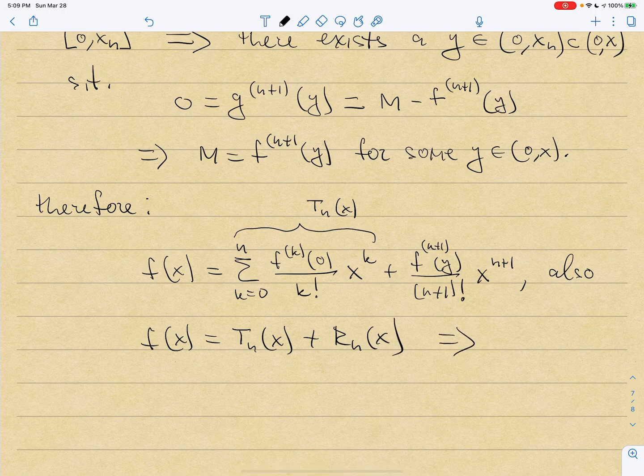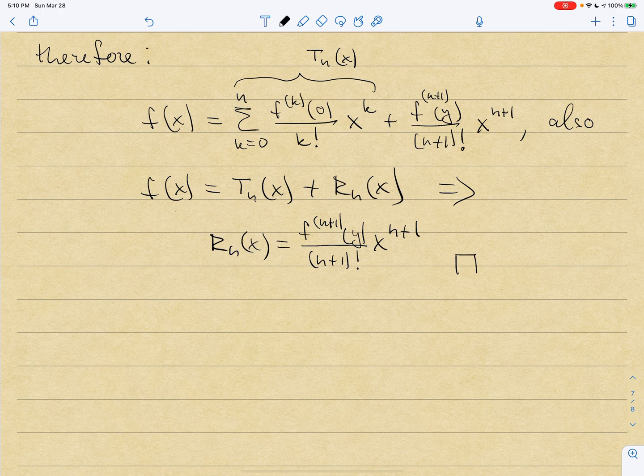And so we conclude that, because this and that are the same, R_n(x) must be equal to this expression. So R_n(x) is f^(n+1)(y) divided by (n plus 1) factorial times x to the n plus 1. And that's what we set out to prove.